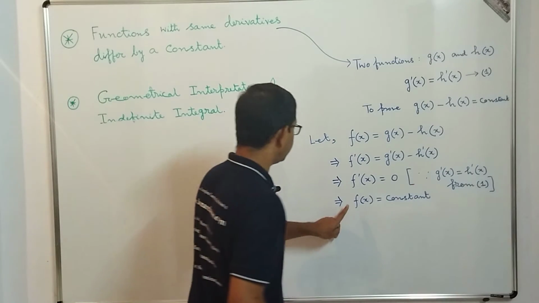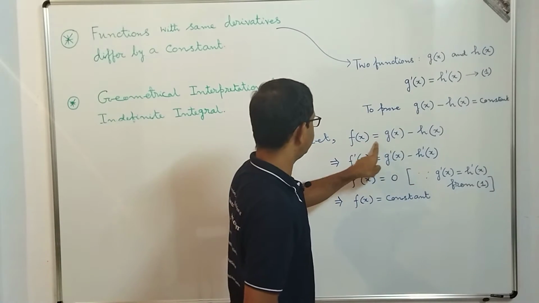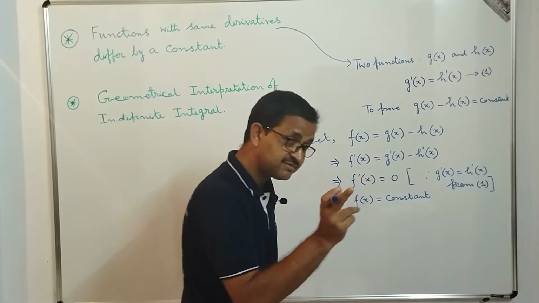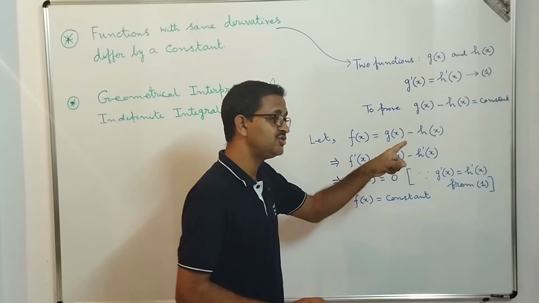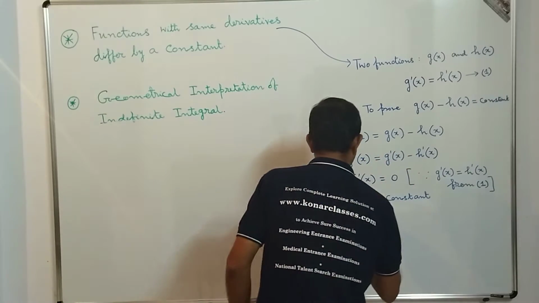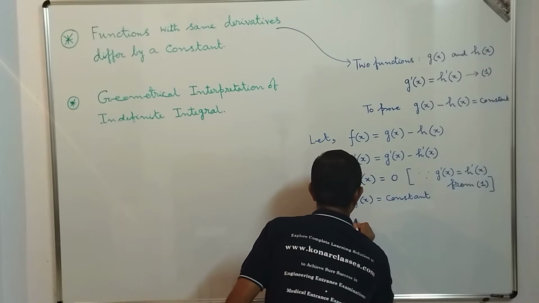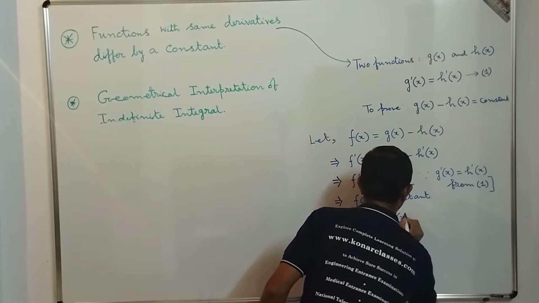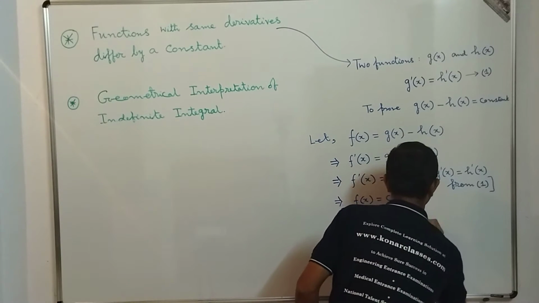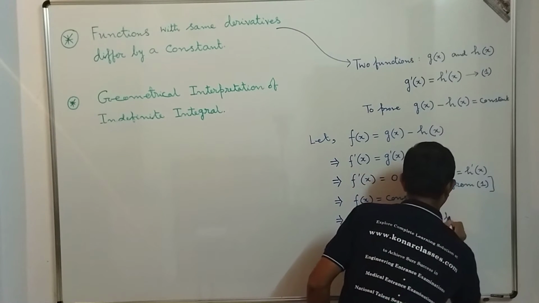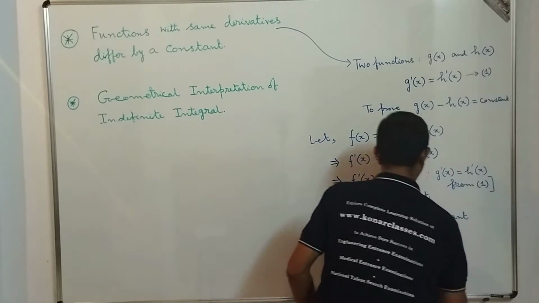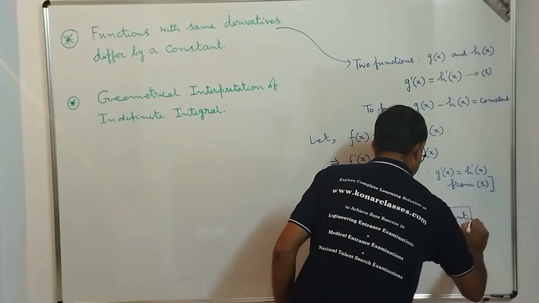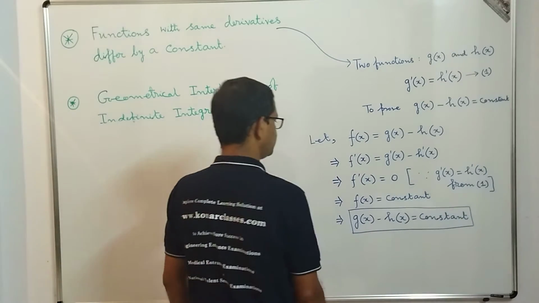Now what is our f(x)? f(x) is equal to g(x) minus h(x). So that implies g(x) minus h(x) is equal to a constant. So we get that g(x) minus h(x) is a constant. That is what we wanted to show, right?